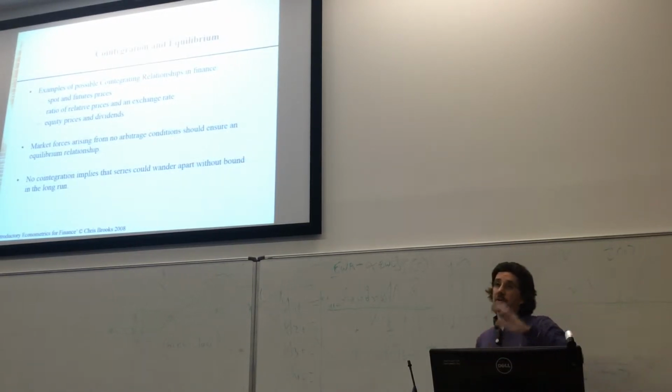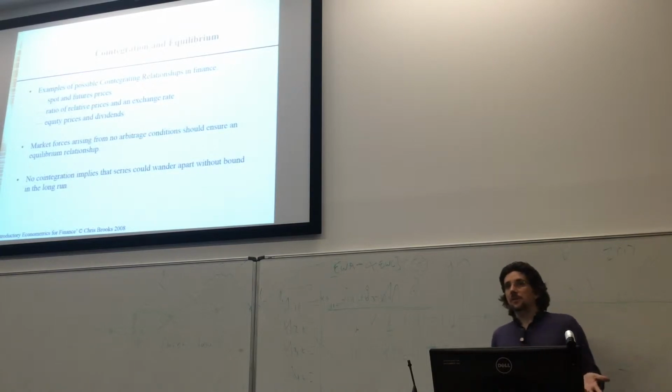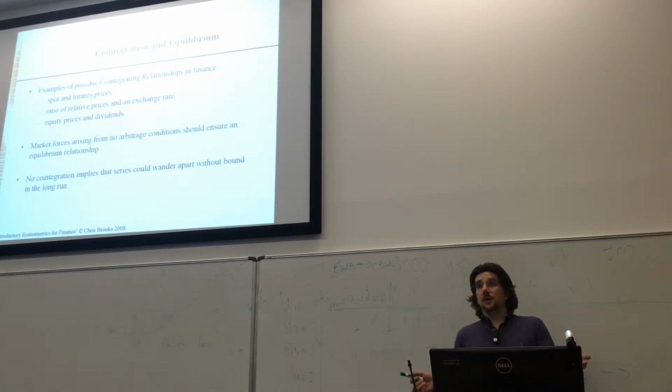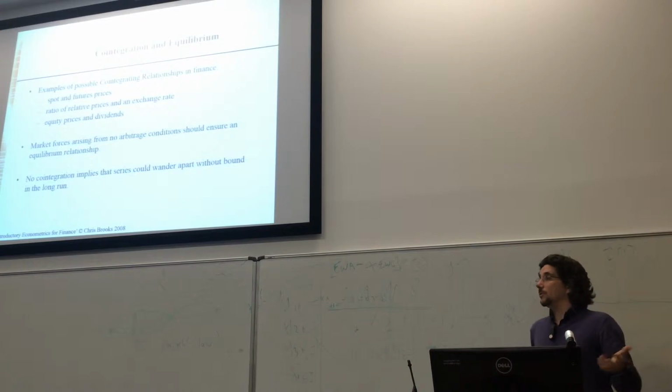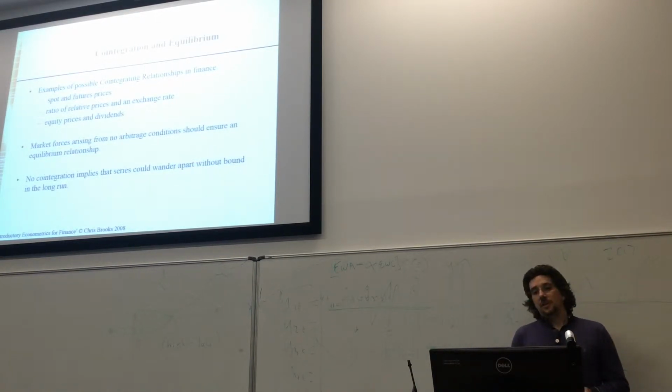Somebody could travel to the US, buy a lot of gold, and bring it back to the UK. If the prices weren't consistent with each other, they could make money doing that. People would do that, and the price would drop or rise to get rid of that opportunity. But it wouldn't be instantaneous necessarily. And that could be something that causes a co-integrating relationship.